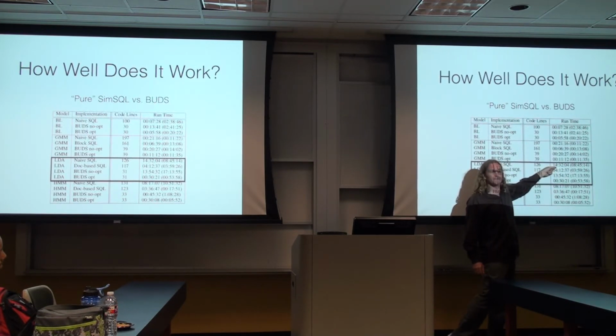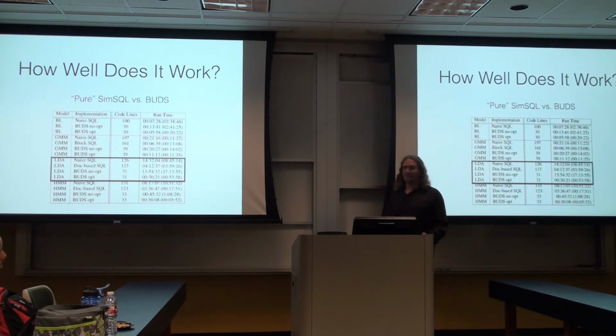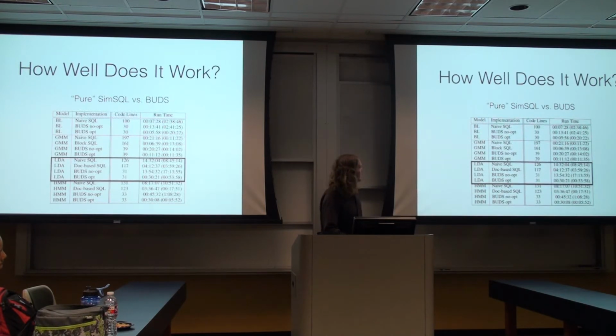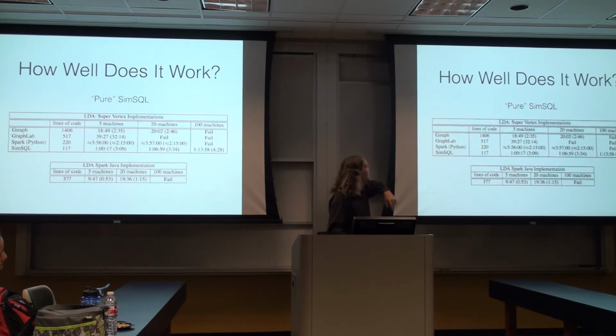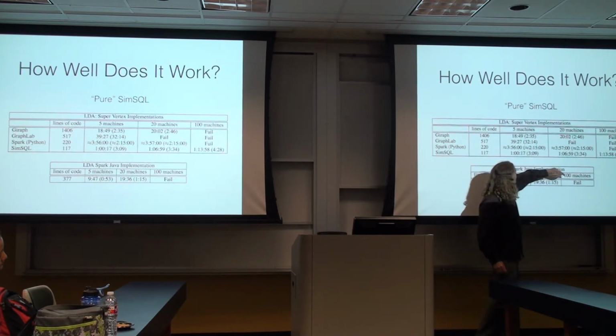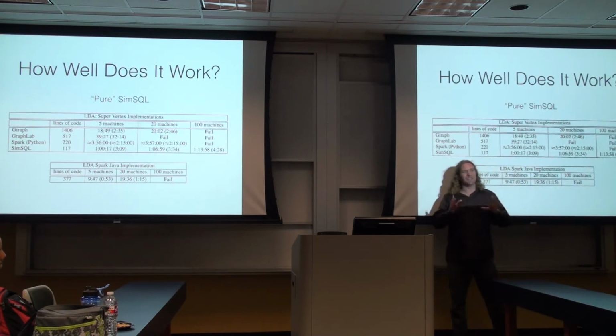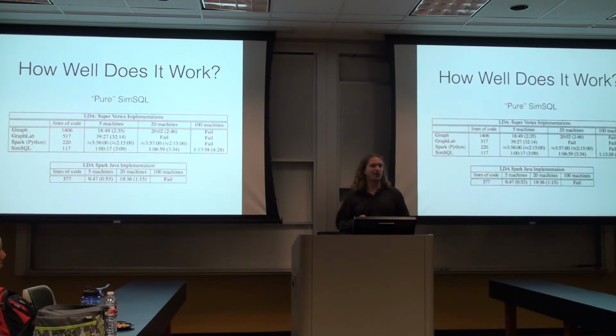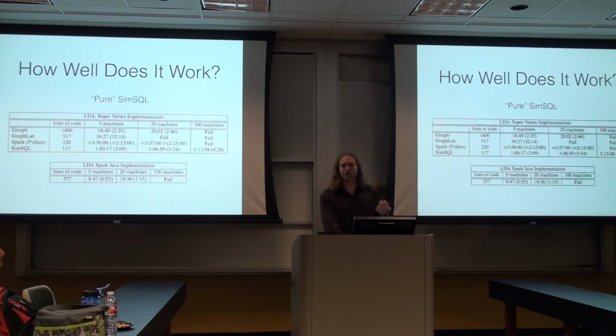So in the end, although we never actually ran this last computation on this data set, one could expect that these times would be cut down by a factor of 8 had BUDS been used. So BUDS actually did better than the human SQL. And for certain reasons, that's not surprising.